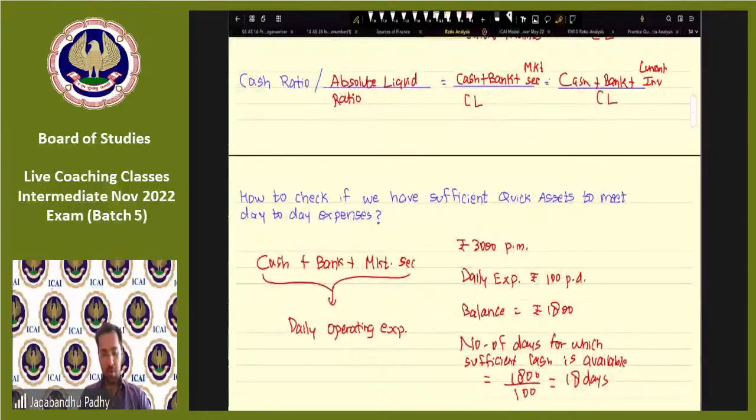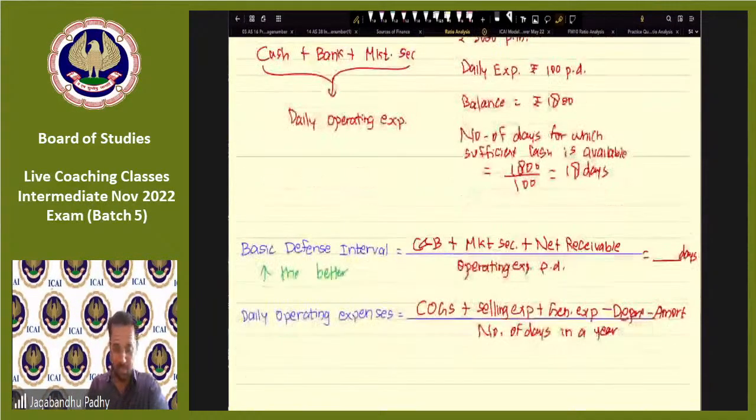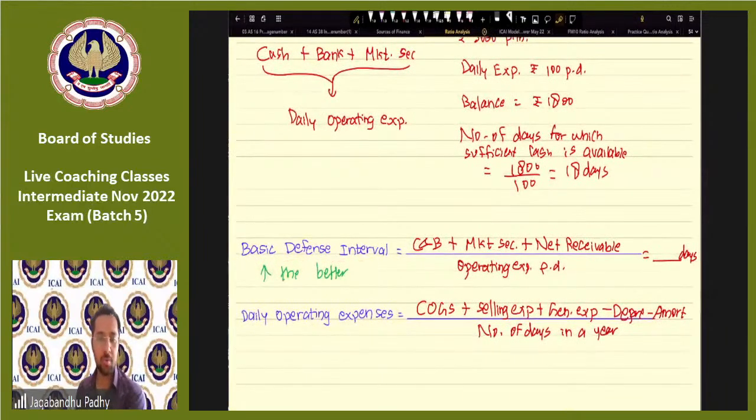Then we said we also need to look at some ratios which will indicate our level of cash or level of liquid assets that we have, whether they are sufficient or not. So for that, we did the basic defense interval ratio, which was measured in days. That was cash and bank plus marketable securities plus net receivables, that is, after provision for bad debts, any bad debts that you have, that is net receivables.